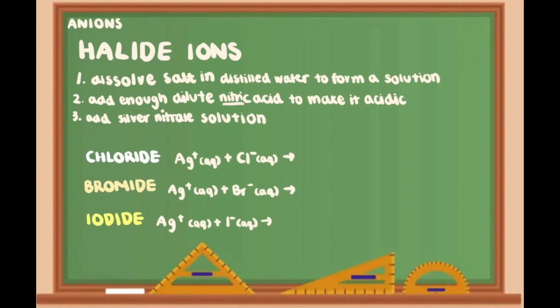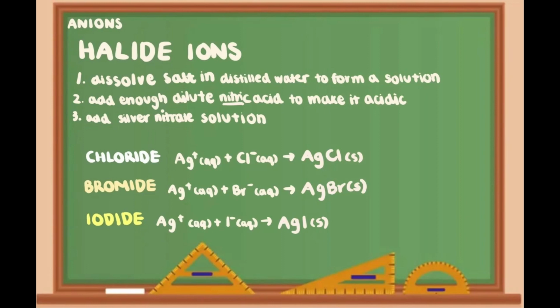Then we're going to add silver nitrate solution. So this is where the test really starts. If chloride was the anion present in the salt, what is going to form is silver chloride precipitate, and this is a white precipitate. If bromide is the anion present, silver bromide is going to form, and this is a kind of creamy color. And then finally, for iodide, silver iodide would form, which is yellow.